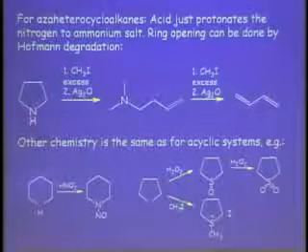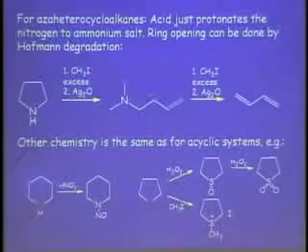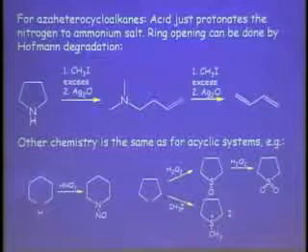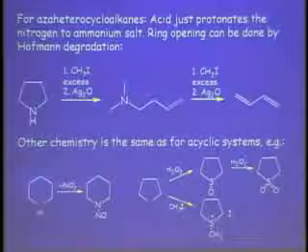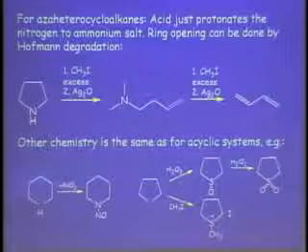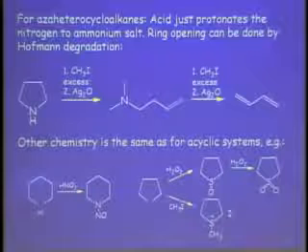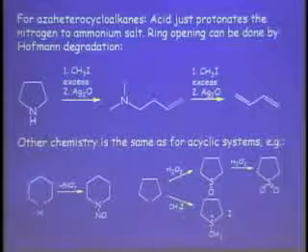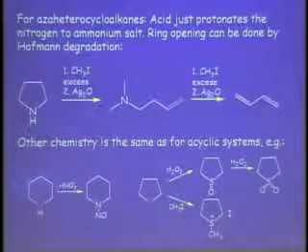So other chemistry is the same as for the acyclic system. To remind you of a couple of these, for example, secondary amines. Remember, you can make the N-nitroso compounds by just using nitrous acid. This is typically done by using sodium nitrite, NaNO2, in the presence of some HCl. That makes this, which is a source of NO+.